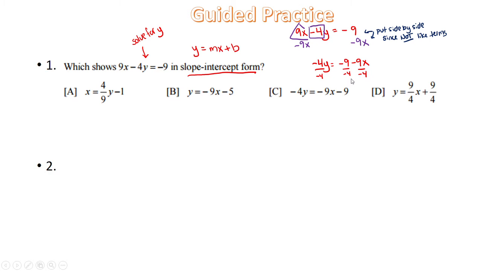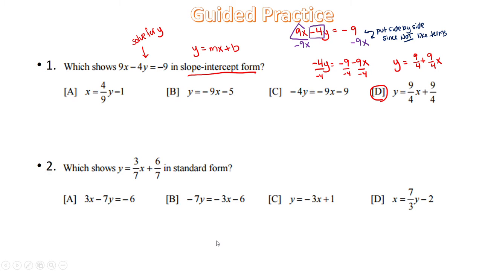But if you hit math enter, the 2 negatives cancel each other out, and you're just left with 9 divided by 4. And then positive 9 divided by 4x. This answer choice is the same as D. All they did was reorder it, but they kept the same coefficient in front of x with the same sign and the same y-intercept, that's the number without the x.